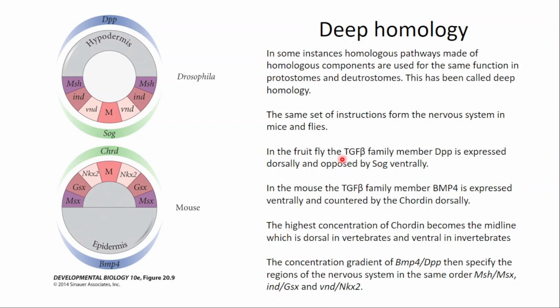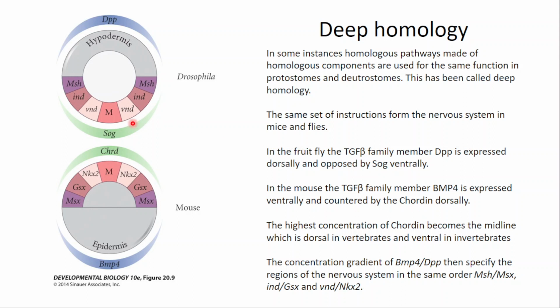In the fruit fly, the TGF beta family member DPP is expressed dorsally and opposed by SOG ventrally. So dorsal expression of DPP in Drosophila, and in the ventral side we have SOG, which opposes DPP, the inhibitor of DPP. In the mouse, the TGF beta family member BMP4 is expressed ventrally and countered by chordin dorsally.